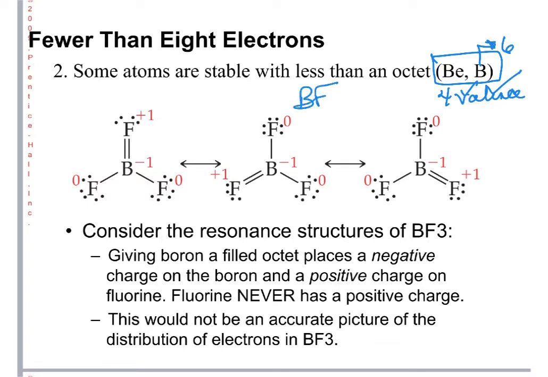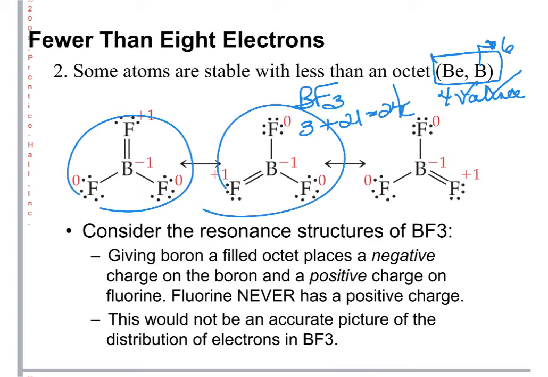So boron trifluoride, for example, has 24 valence electrons. And so if you followed the rules and didn't remember that boron is one of the exceptions, you might end up with a Lewis dot structure like one of these.